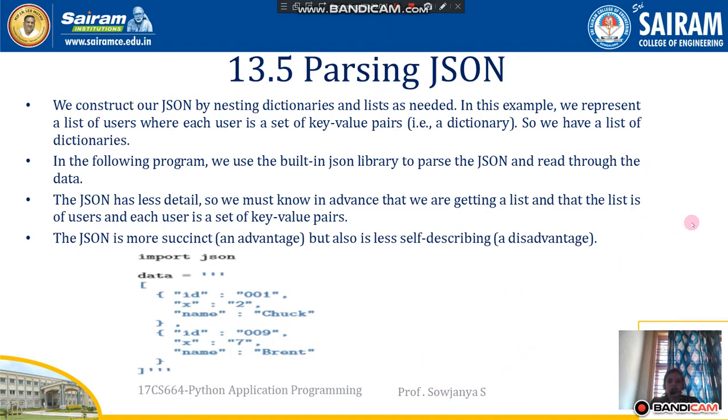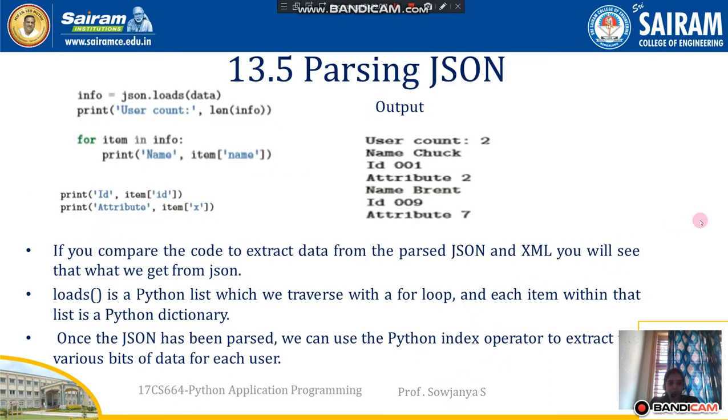Now when you write this code, it should display the same thing, that is, count the number of users and then print the details of those users. One thing we are using is loading the data: info = json.loads. The load gives a Python list which we traverse with the for loop, and each item within that list is a Python dictionary.